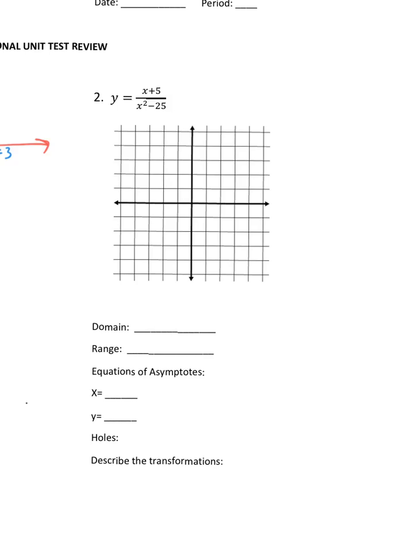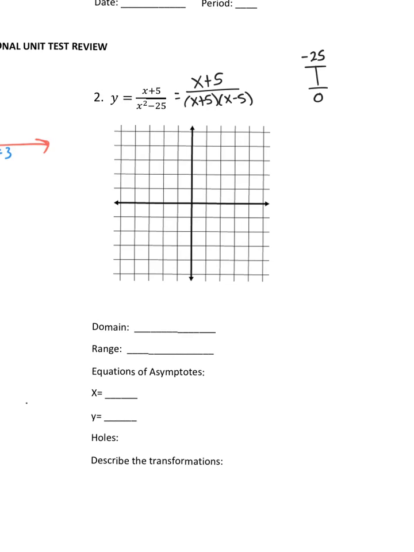I need to simplify this first before I can do anything else. So on the top, I've got x plus 5. On the bottom, it's going to factor into x plus 5 times x minus 5 because it is a difference of squares. So if you aren't comfortable with that and you want to factor it using the X method, you'd have negative 25 on top and 0 on the bottom because you're missing an x term.